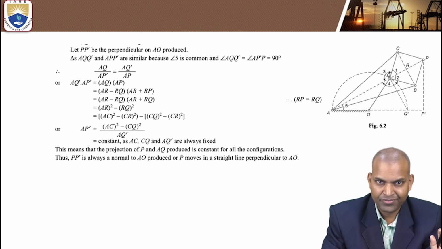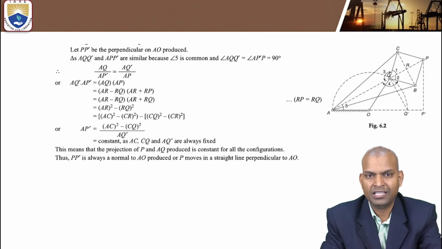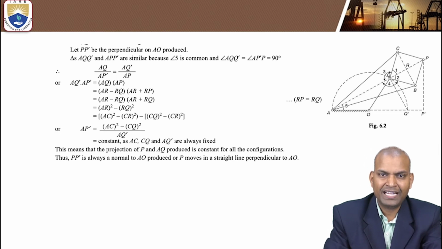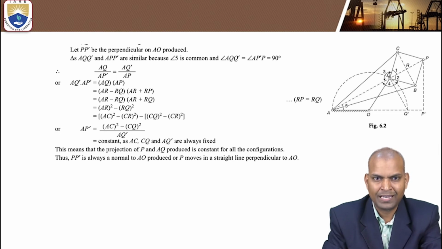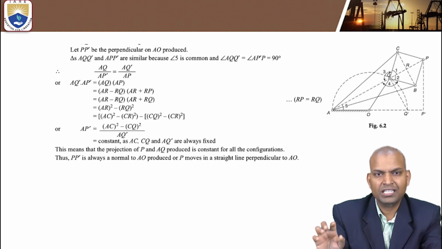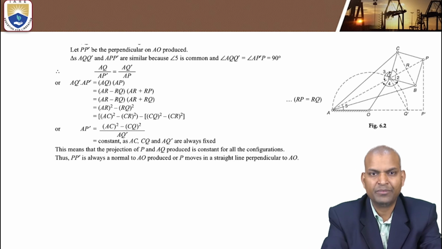That is another way of explaining it. When similar triangles are there, the ratios remain the same. When the ratios remain the same, the distances between the points remain the same whatever the position. So definitely, the path traced by point P is a straight line.